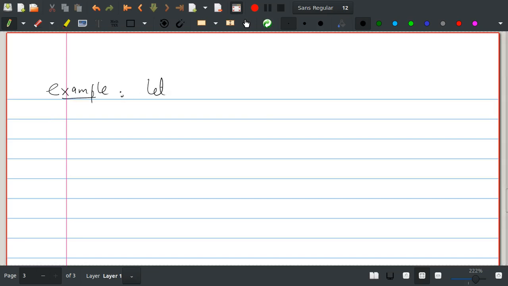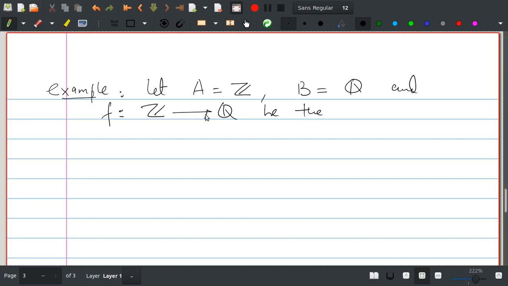Let A be the ring of integers, B be the ring of rationals, which is also a field, and f from Z to Q be the identity embedding. I mean f takes Z to the copy of Z in Q.